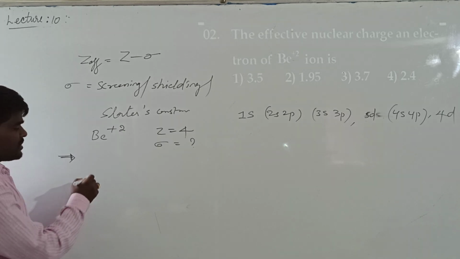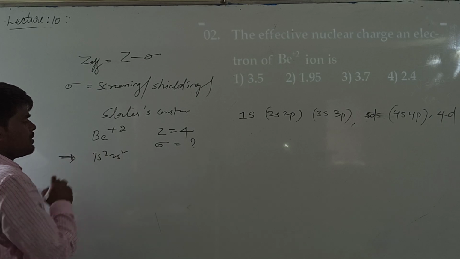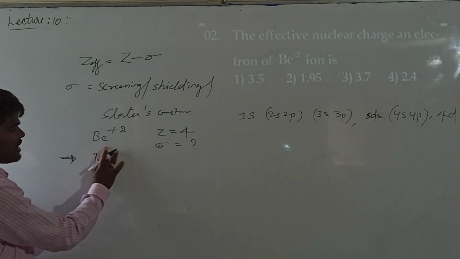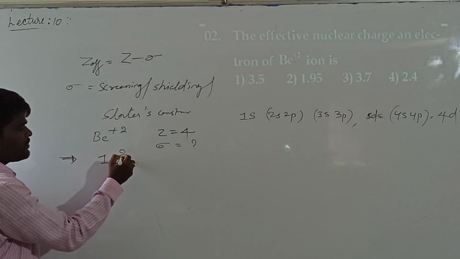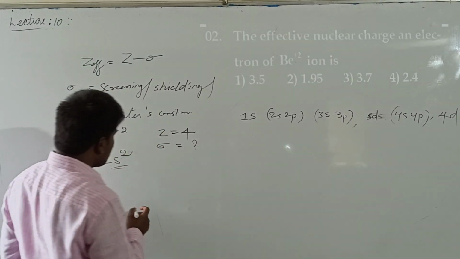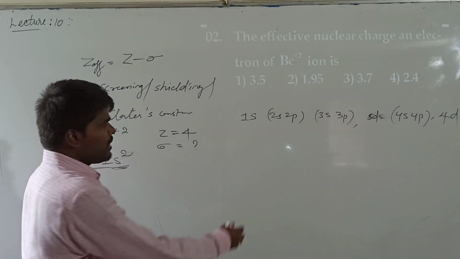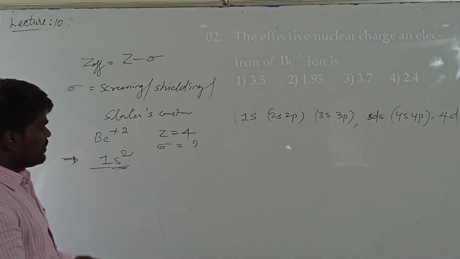Generally, it will exhibit 1s2, 2s2, but it has lost 2 electrons. So here the configuration of Be+2 is 1s2. Suppose your testing electron is s2, you need to take the electrons on the right side only.